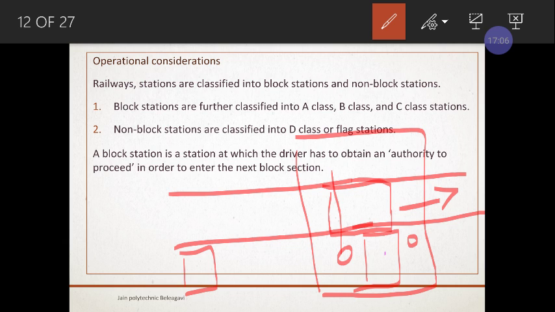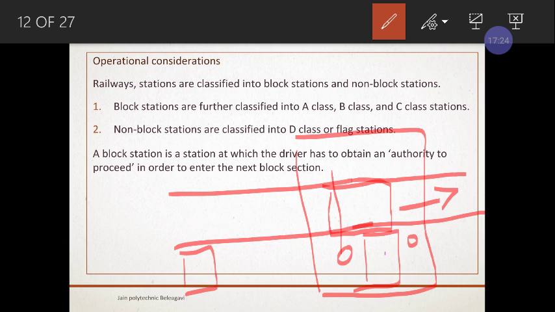These are the three signaling systems which grant you permission to move from one block to another block in the class A block system. This type of signaling arrangement is done only in case of class A block.